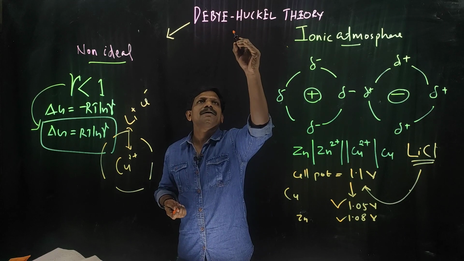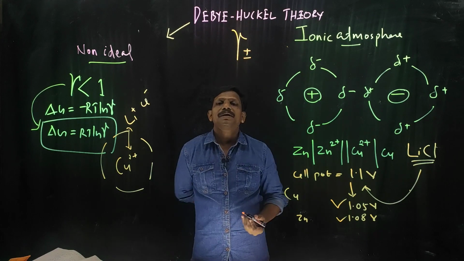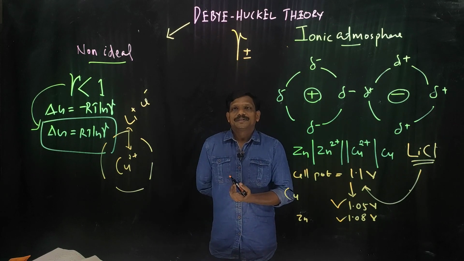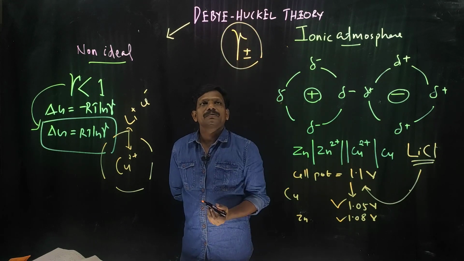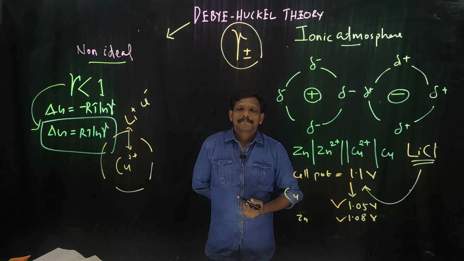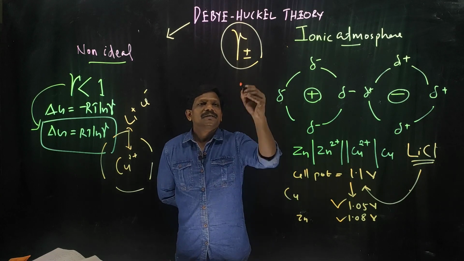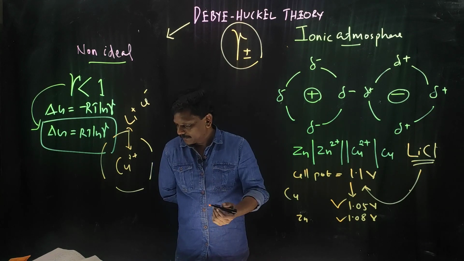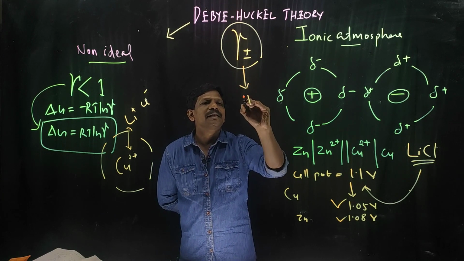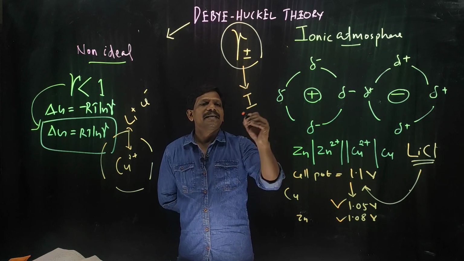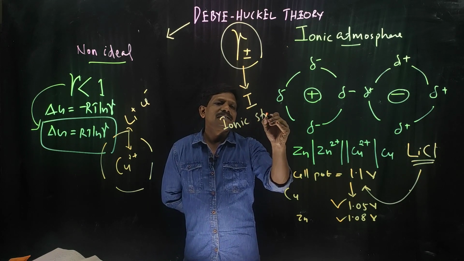I told you that we started from gamma plus minus, the mean activity coefficient. In order to evaluate this quantity, we need some additional parameters. One of the important additional parameters is I, known as the ionic strength.